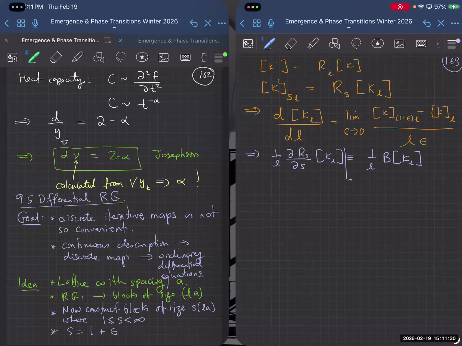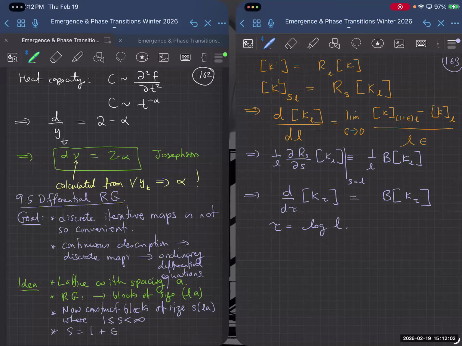This I evaluate at S equal to L. And so then in these units, what I get is d by d tau of the coupling constants on scale tau is equal to B of K_tau, and because I've got this 1 over L in here, this tau is equal to the logarithm of L.